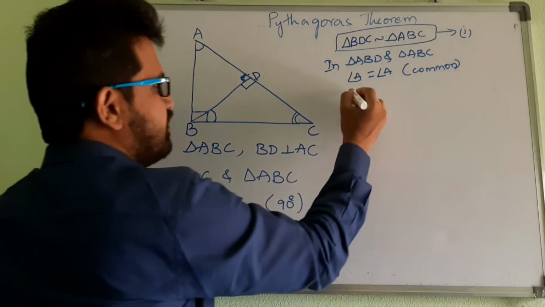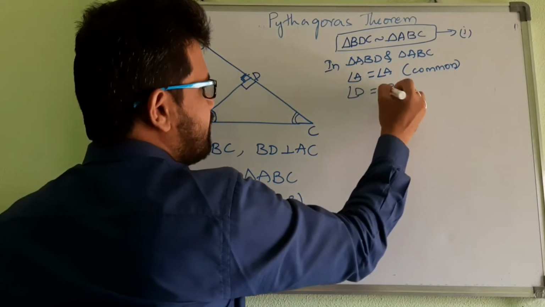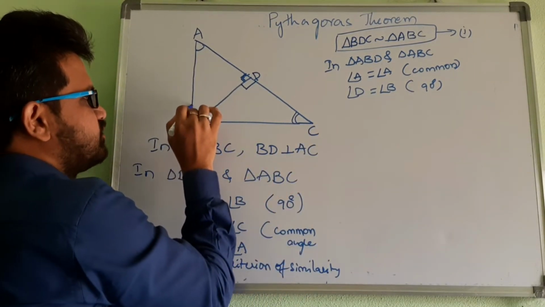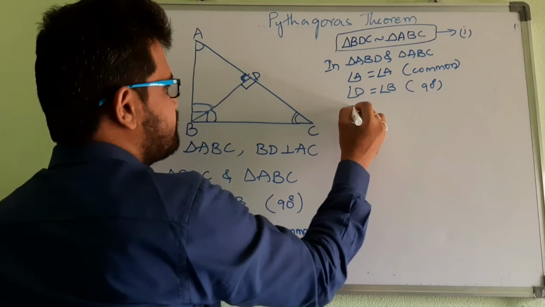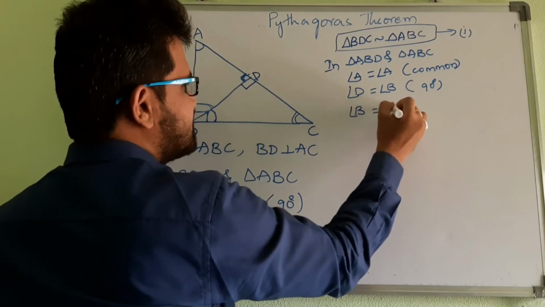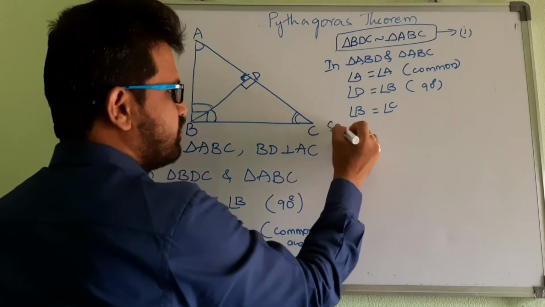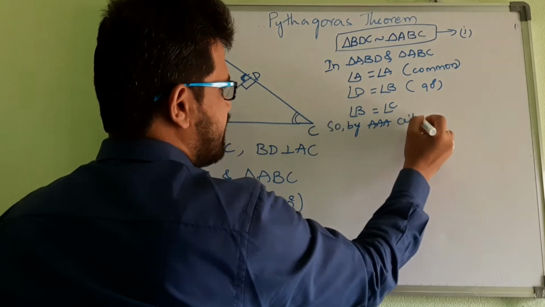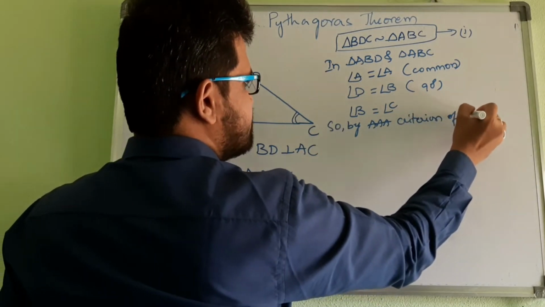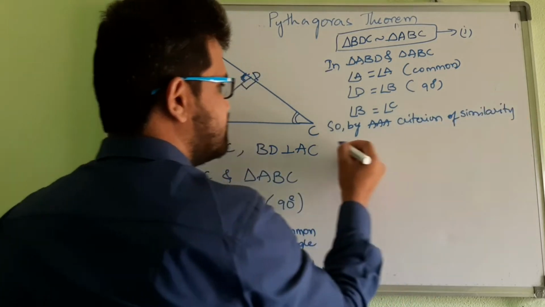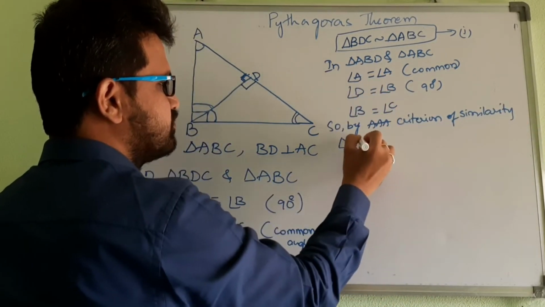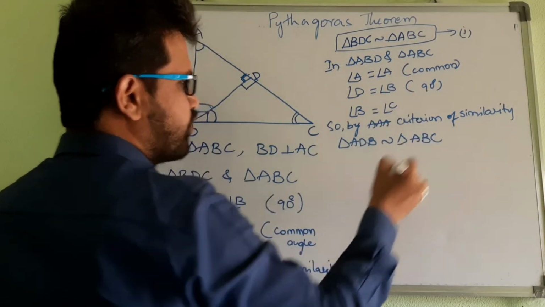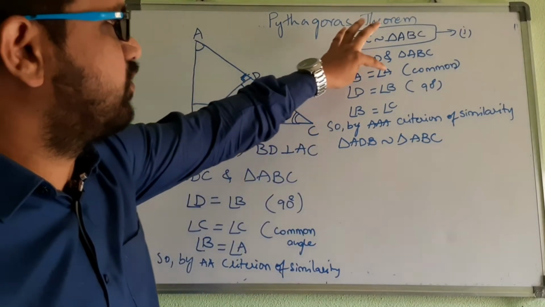At B. So angle D is equal to angle B, 90 degrees. As usual, what is the remaining vertex? This one, B. Angle B is equal to angle C. So by AAA criteria of similarity, triangle ADB is similar to triangle ABC.